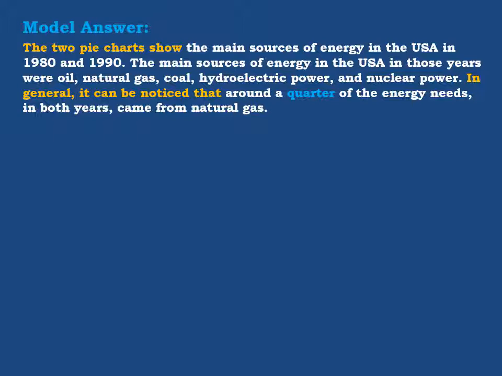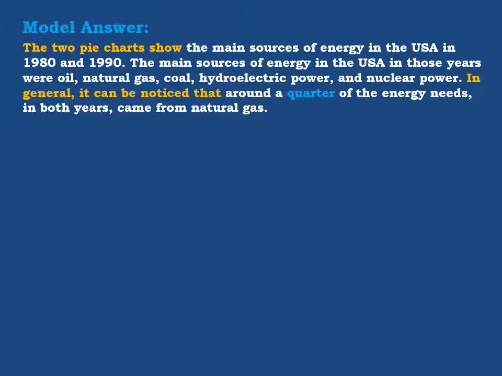The title is included. The main sources of energy in the USA in those years were oil, natural gas, coal, hydroelectric power, and nuclear power. Again, this is taken from the key, the main sources of energy. Then we have the general idea now. To introduce a general idea, we said that we can use a phrase like in general.